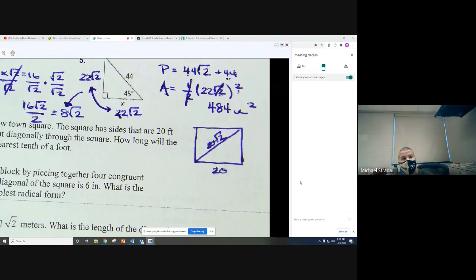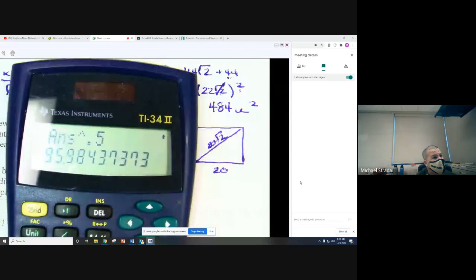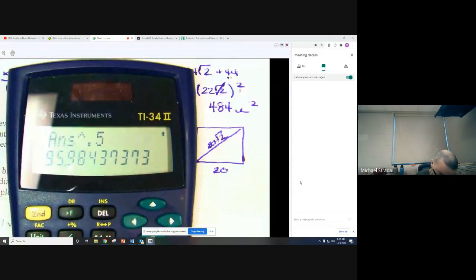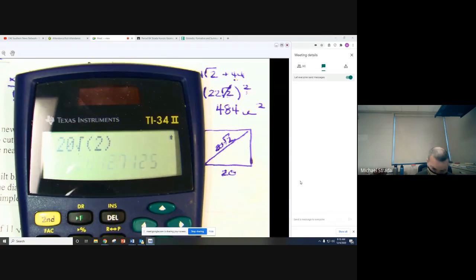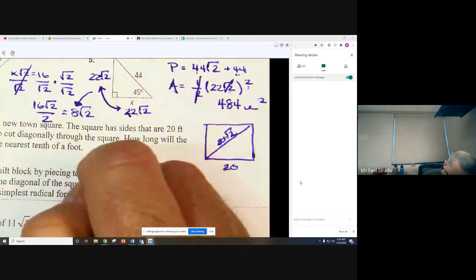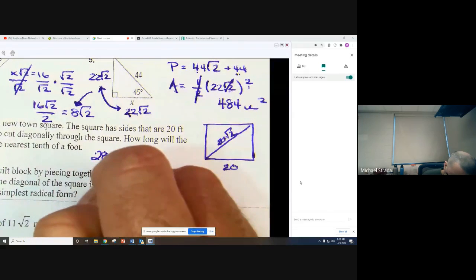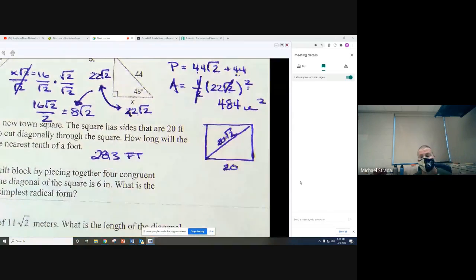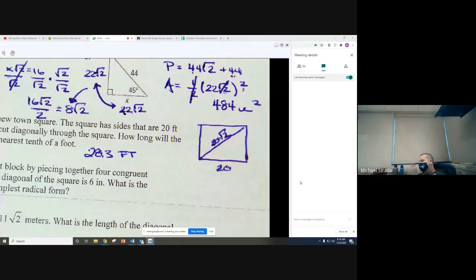Root 2 is about 1.4, but it's a little more than that. So you go to your favorite calculator, and you do 20 root 2, and you get 28.3. It would be about 28.3 feet. And then next week we'll talk about rounding a decimal into inches, when it wants exact, rounded to the nearest inch rather than that.